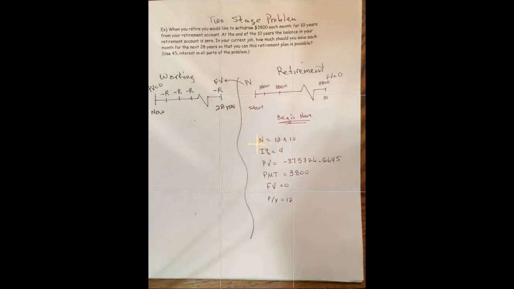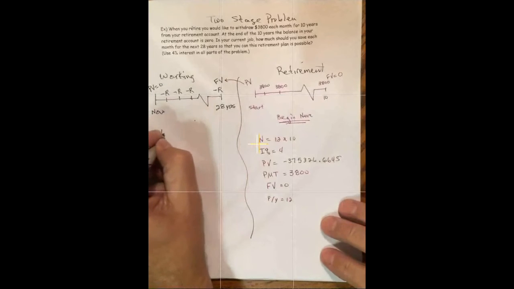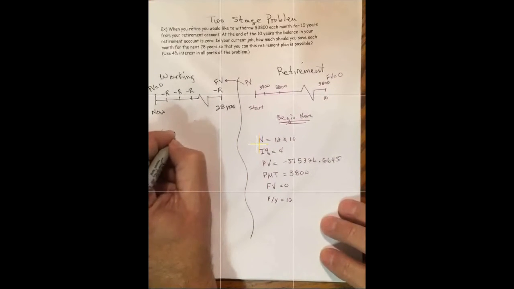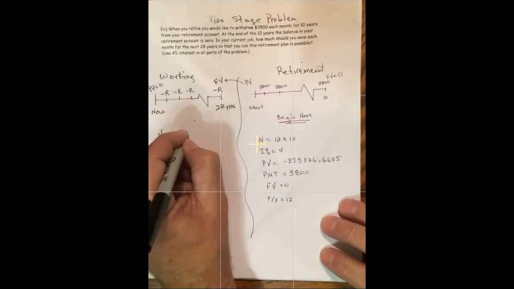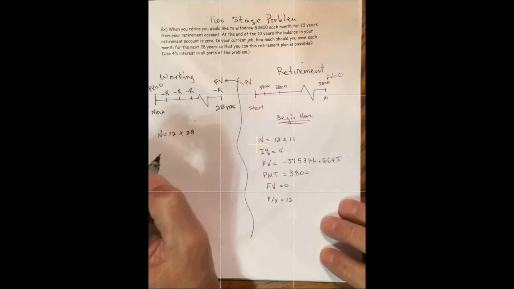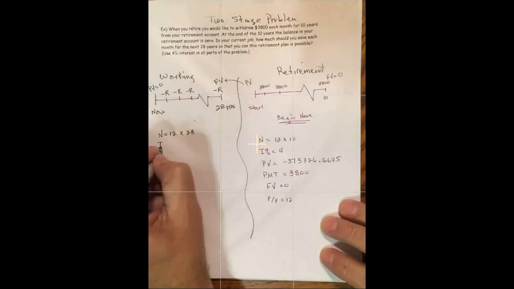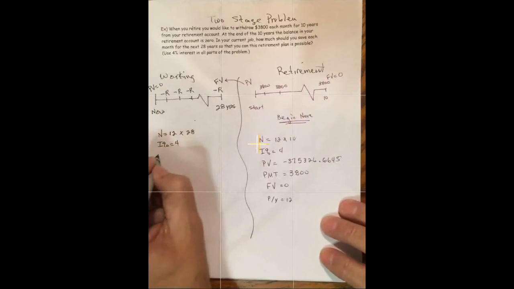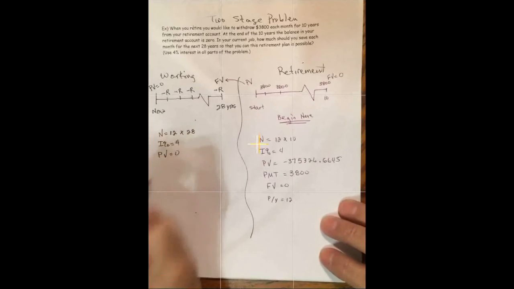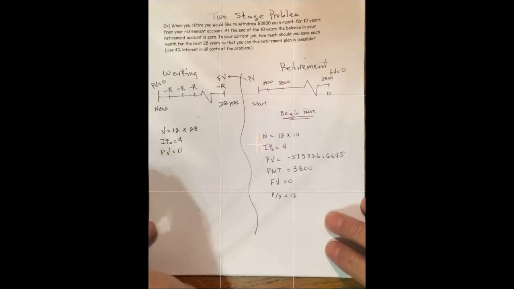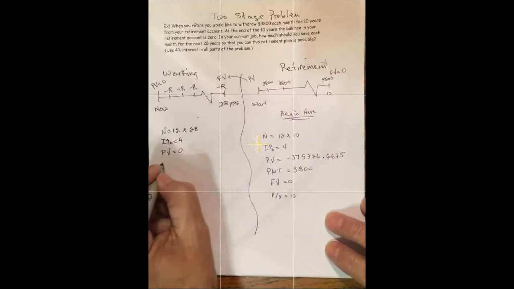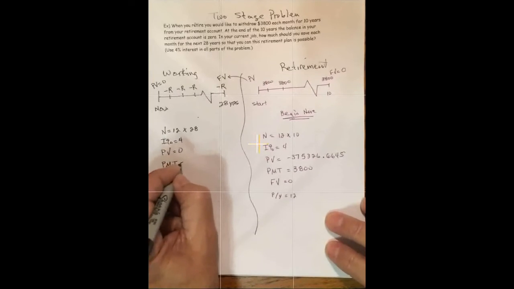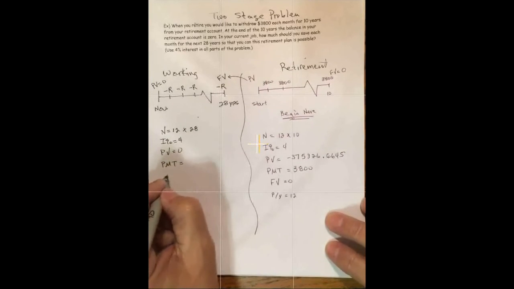Now on the working side, you're going to make a deposit each month for 28 years, so 12 times 28. Interest, 4%. Present value now is 0. When you begin, you have nothing, of course. And here the payment is what we want to know.